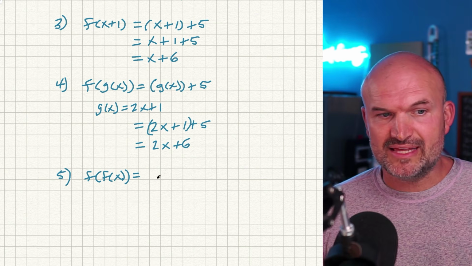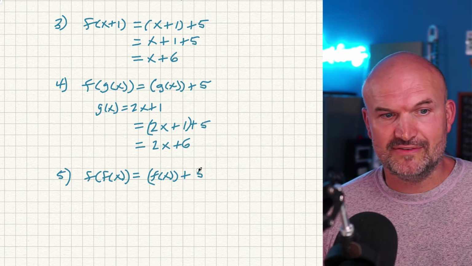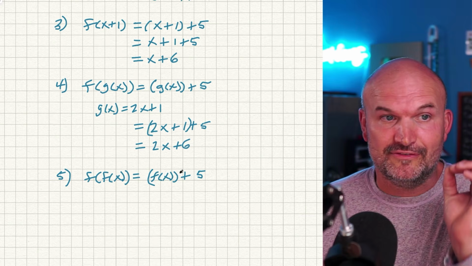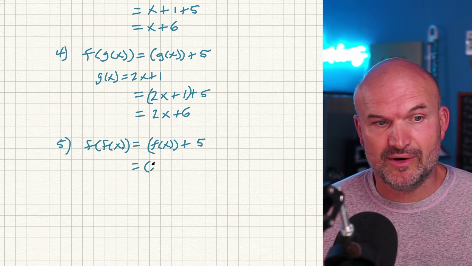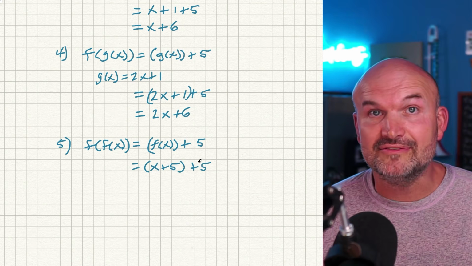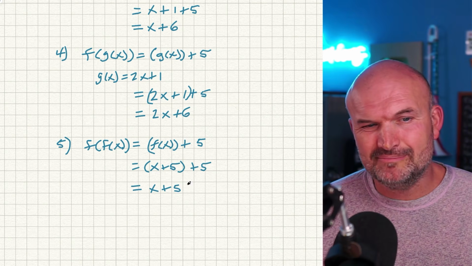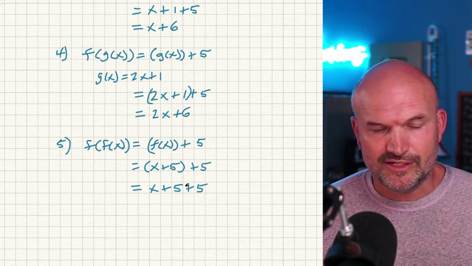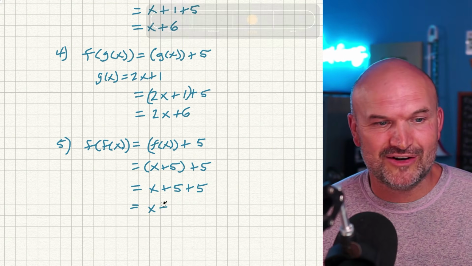We're replacing x with f of x, so that's going to be f of x, put that in parentheses, plus 5. Now, what does f of x represent? F of x represents our x plus 5. So we go back over here and we write x plus 5 plus 5. Then we recognize I can combine my like terms, right? I'm doing extra steps with the parentheses, guys. You don't need to do that all the time, but we get a final answer of x plus 10 as our final result.